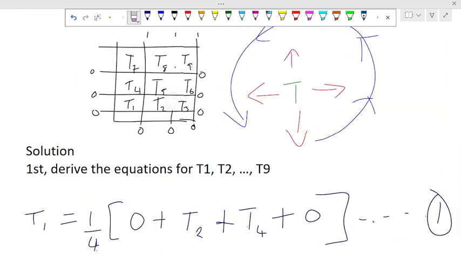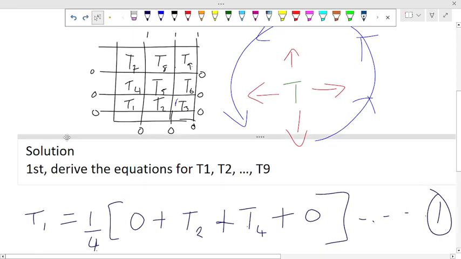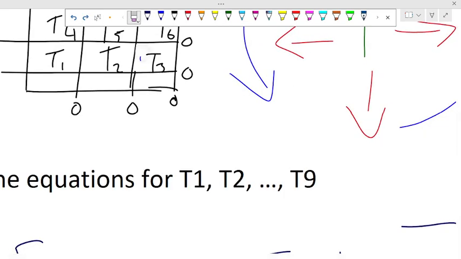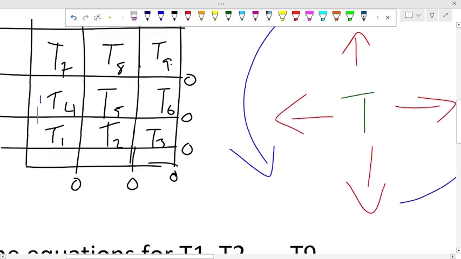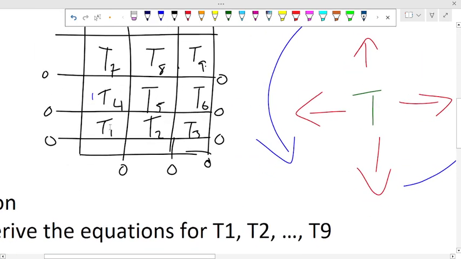Now to T4, same pattern. Looking for T4 now. Down, right, up, left.